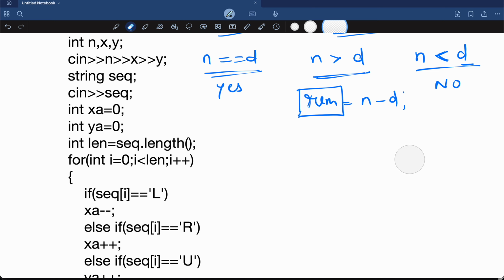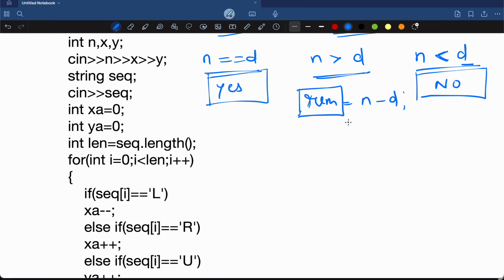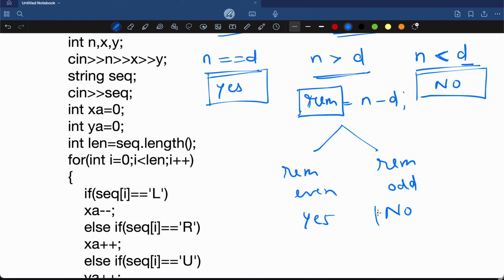Initially we had 3 options, this, this and this. We have covered these 2 options, and in the remaining option there are 2 cases: whether the remaining moves are even or odd. If they are even, the answer will be yes, otherwise no. Now I have covered all the possible outcomes, and I have written the code in the same way.